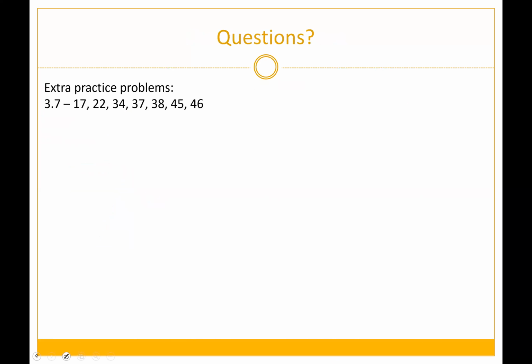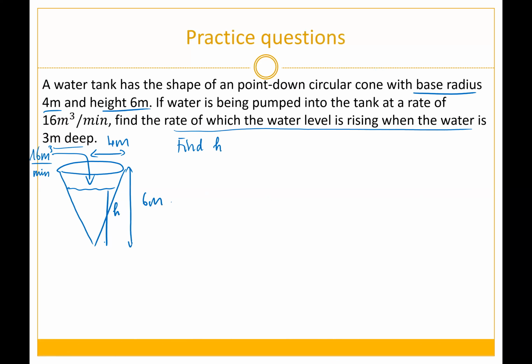If we denote the water level as h, you're going to find dh over dt when h is equal to 3 meters. Now, why is it dh over dt and not something else? Because this is the change of water level with time. Here you have the change of volume with time. We only have two dimensions, the length dimension and time, so it has to change with time.